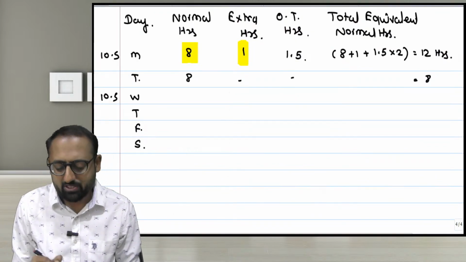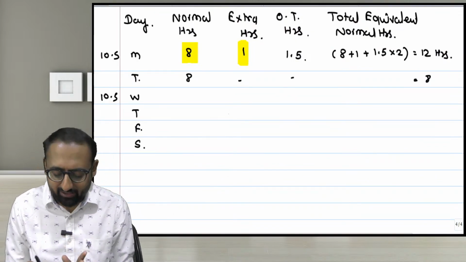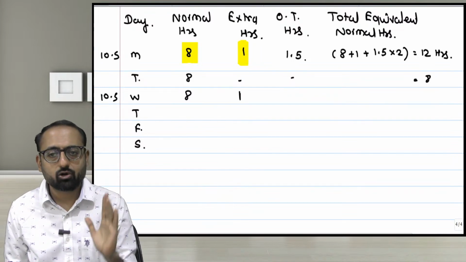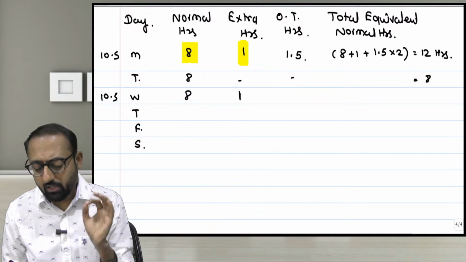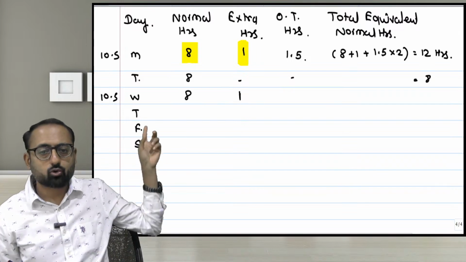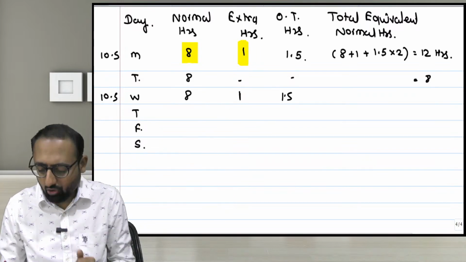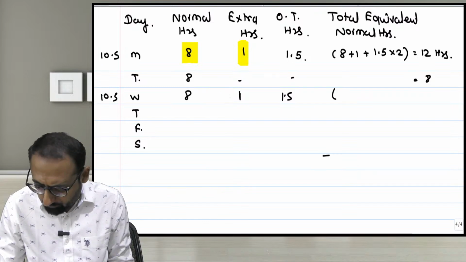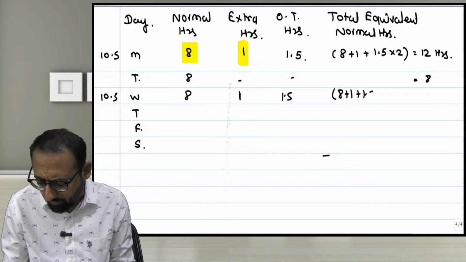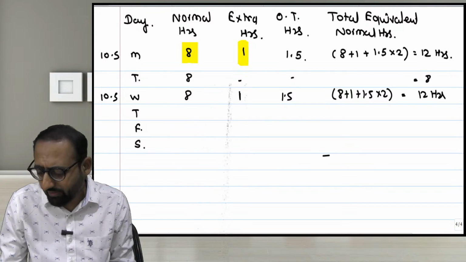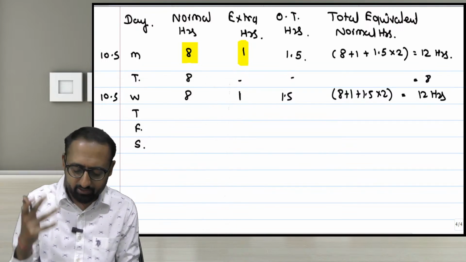So how will you bifurcate that? 8 hours will be the normal, 1 hour will be the extra for which overtime will not be available. So 8 plus 1 is 9, but the total is 10.5, so 1.5 is overtime. For that overtime, you will get double the normal rate. So 8 plus 1 plus 1.5 multiplied by 2. Again, you will get normal wages for 12 hours.